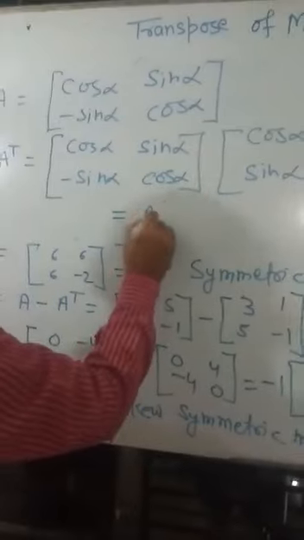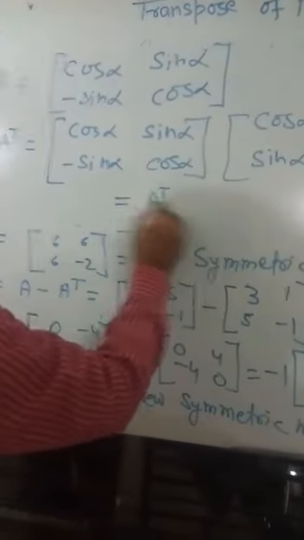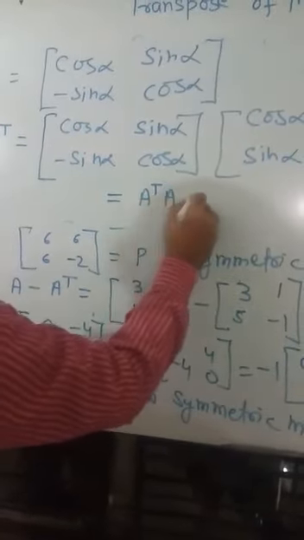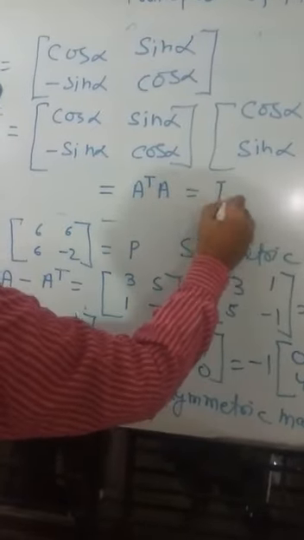If you multiply A with the transpose of the matrix, which is cos alpha, minus sin alpha, sin alpha, cos alpha, and multiply both matrices, you find the result is the same as A transpose A, that means the identity.